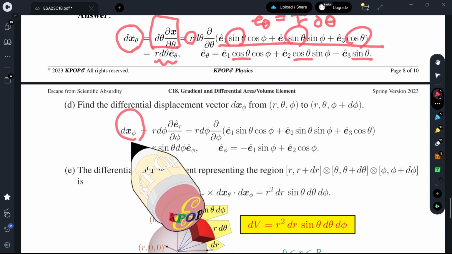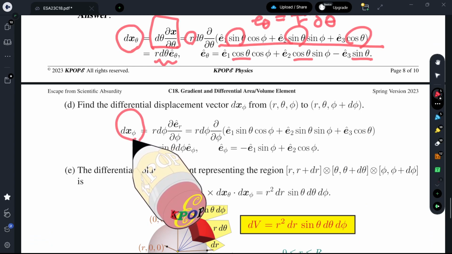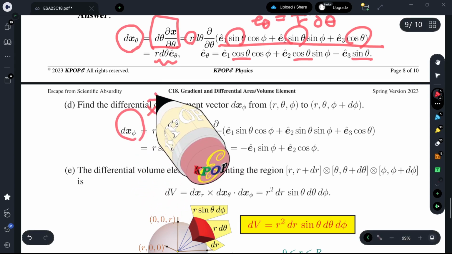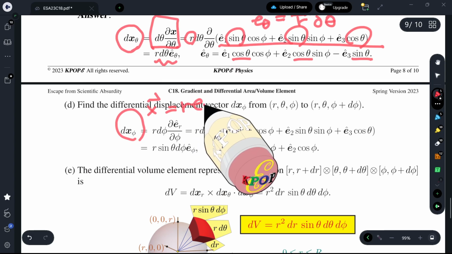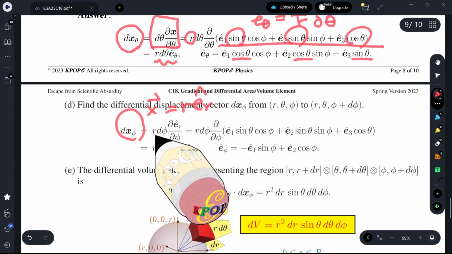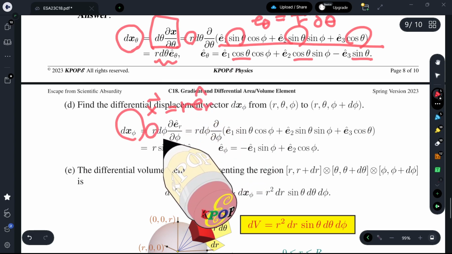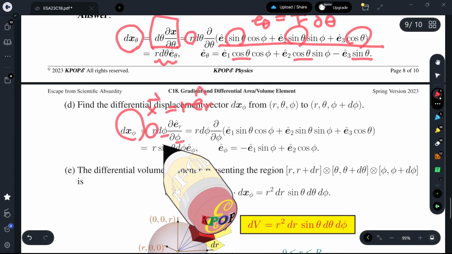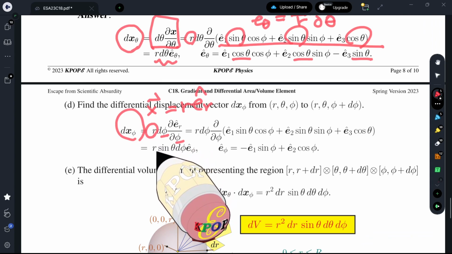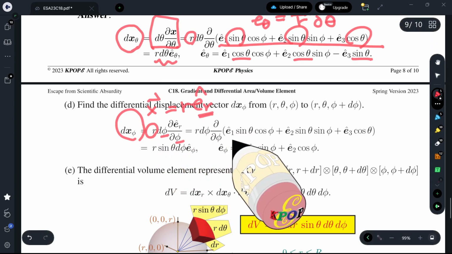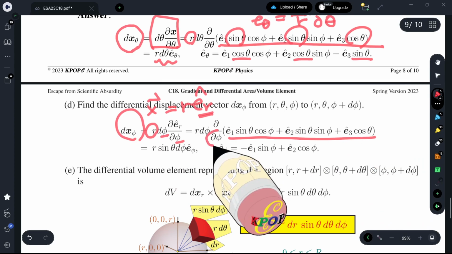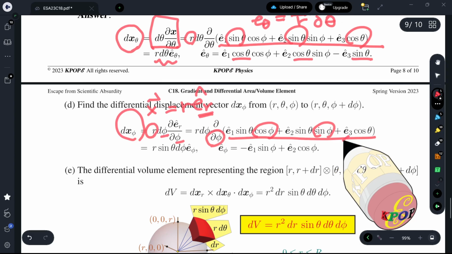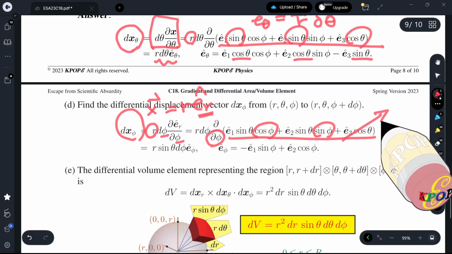Finally, the displacement along the azimuthal direction can be obtained by replacing x with r e_r. I have factored this out, and we take the derivative with respect to phi and multiply by the differential of phi. Because e_r is given here, and phi dependence appears only here and there, the last term vanishes.